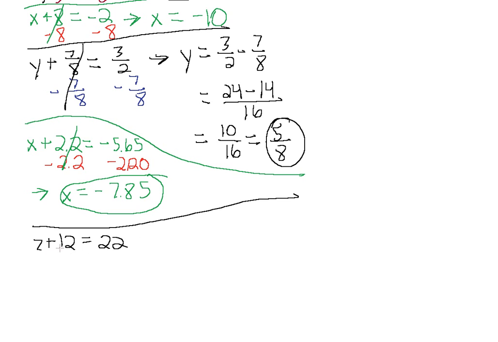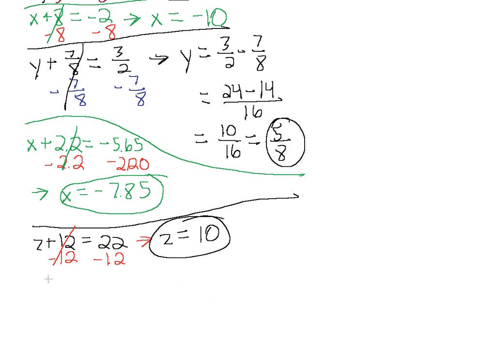So we need to get rid of this plus 12, and we can do that by subtracting 12. Whatever we do on one side, we have to do on the other side. So plus 12 and minus 12 cancel. And that's going to leave us z equals 22 minus 12. 12 is being taken away from 22, which just leaves us a positive 10. z equals 10 is our answer.